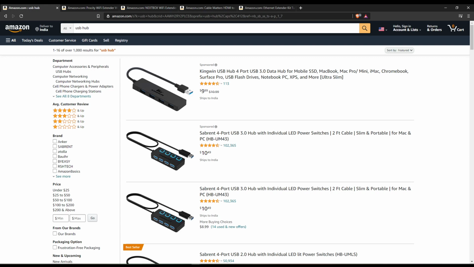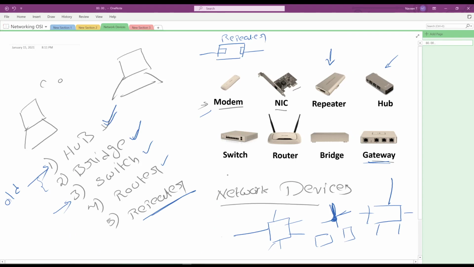Even for MacBooks, we use hubs because they only provide Type C. So if you want to connect multiple USBs, what do you use? You use the hub. The same way, this is the hub, right?